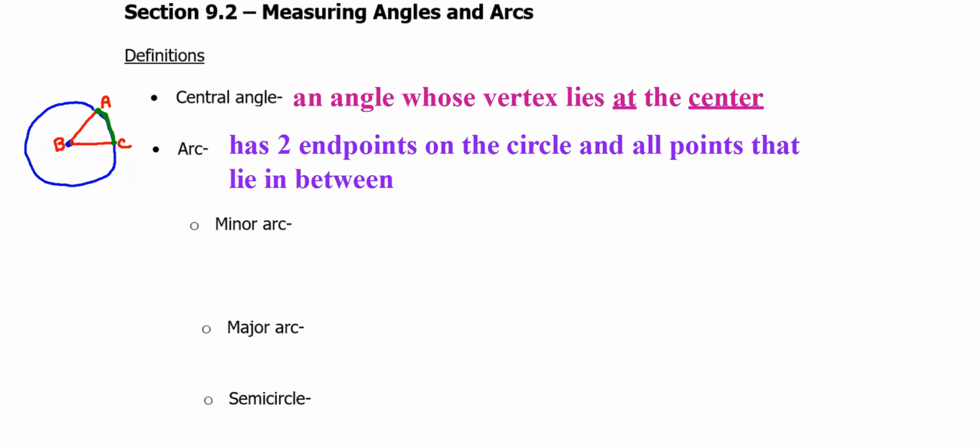And when we write out an arc, we say the endpoints being used just like we would a segment, but we curve the notation above to show it's an arc. And you can have lots of different types of arcs. We can have an arc from here to here. Maybe this is X and Y. And then all the points in between, arc XY or backwards arc YX, are the same arc.